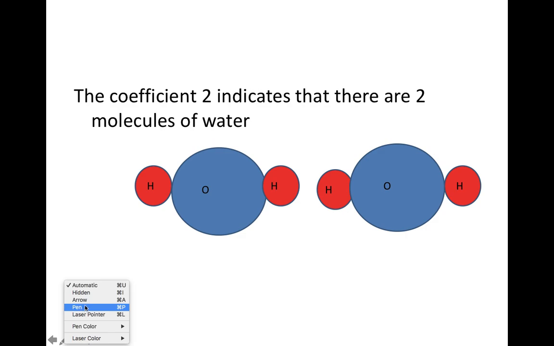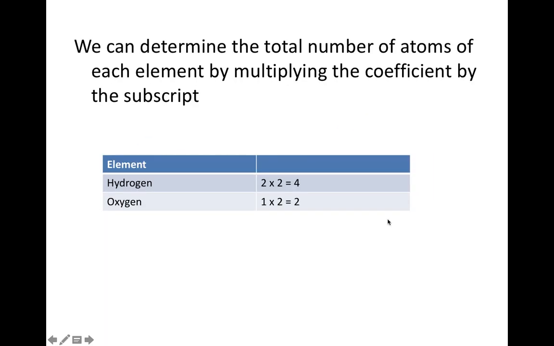And then we can count the total number of hydrogen atoms. There's 1, 2, 3, 4 hydrogen atoms now, and there's 1, 2 oxygen atoms. We can determine the total number of atoms of each element by multiplying the coefficient by the subscript.